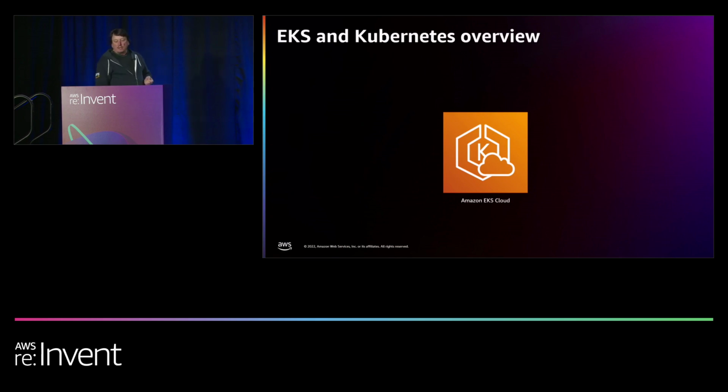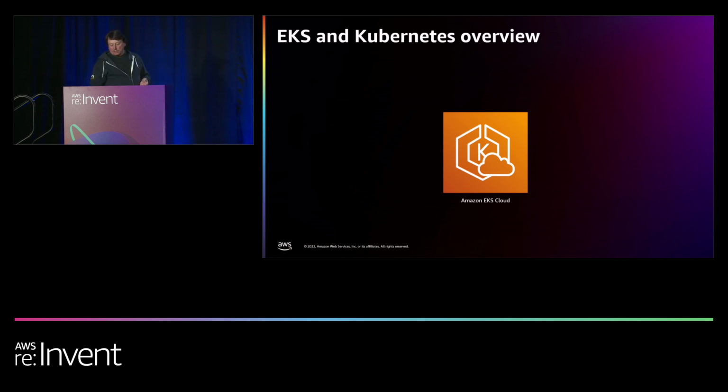So Amazon Elastic Kubernetes Service, easy for me to say, is a regional service for managing Kubernetes. The service is available in every AWS region. It's available in GovCloud, top secret regions, and it's available to run regional, outpost, local zone, wavelength capacity, anything that's available.